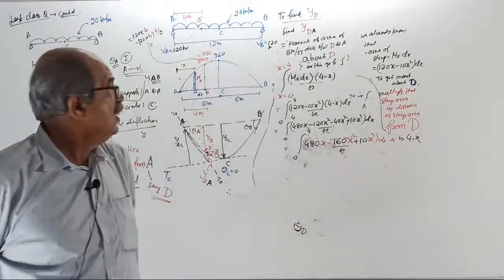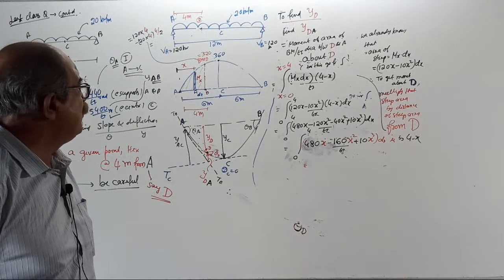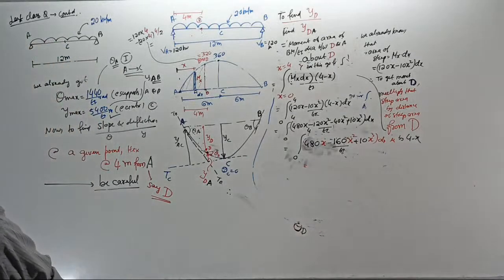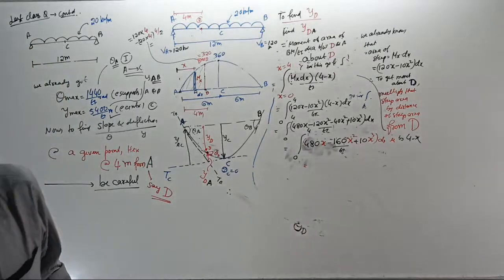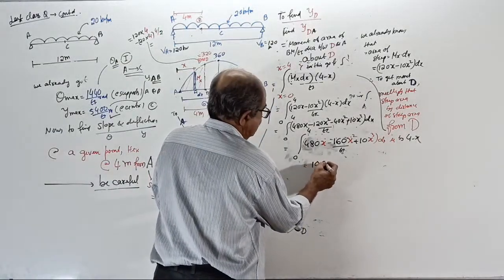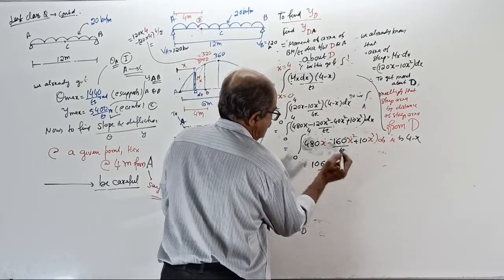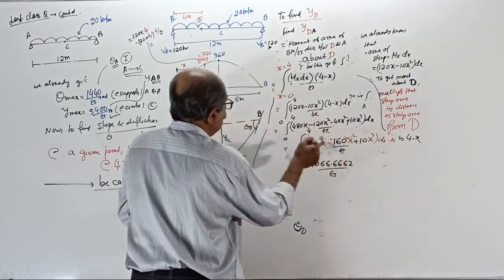Answer: 1066.667 by EI. Now do one thing.